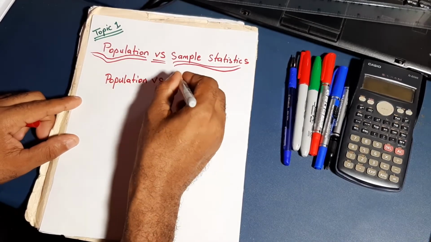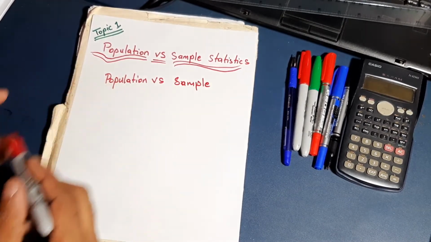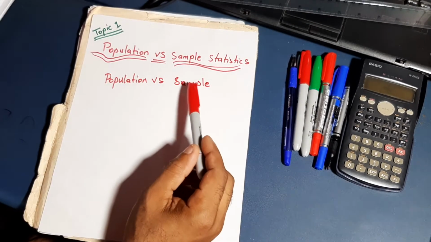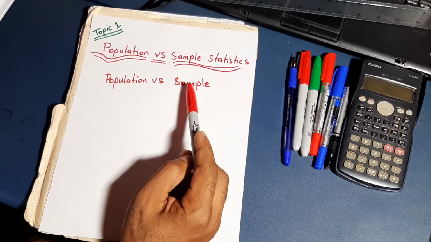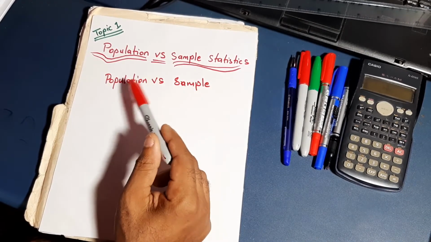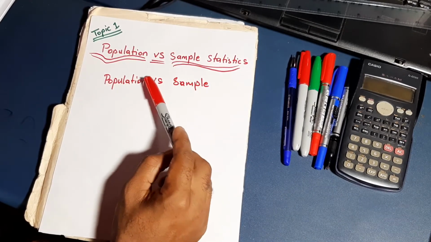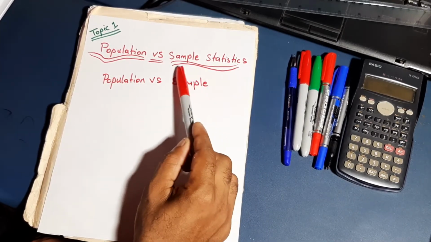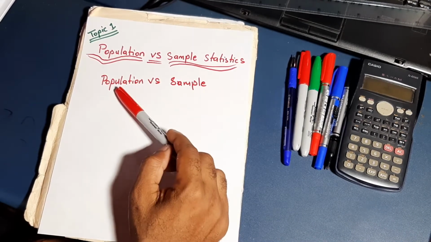So remember, population refers to all the items we are interested in studying, and the sample is a subset of the population. What do I mean by subset? A part of the population. It is a part of or a subset of the population.